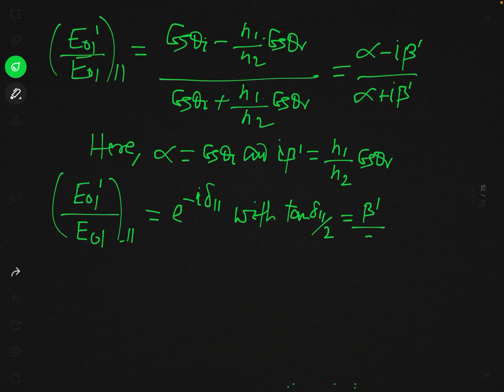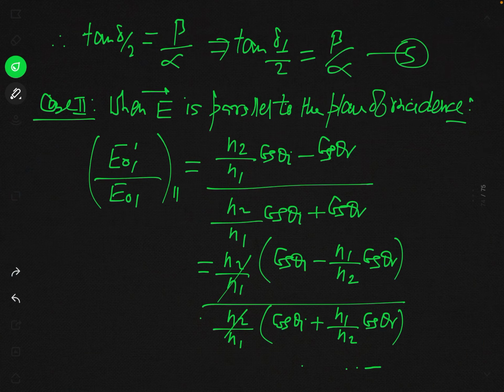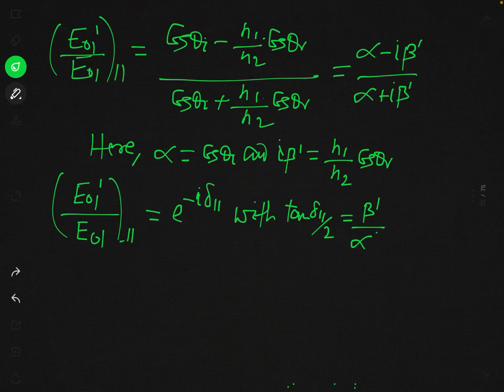And as I have calculated just now, we can write that tan delta parallel by 2 is equal to beta prime by alpha, not alpha prime, but simply alpha. And let us say this is equation number 6.